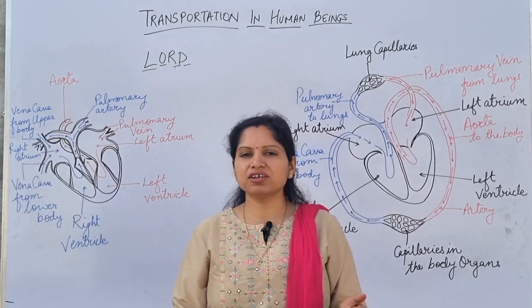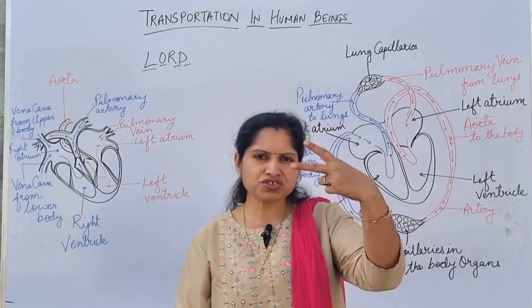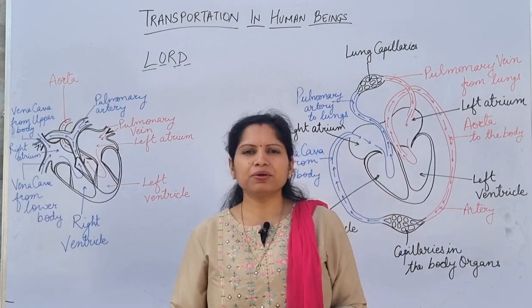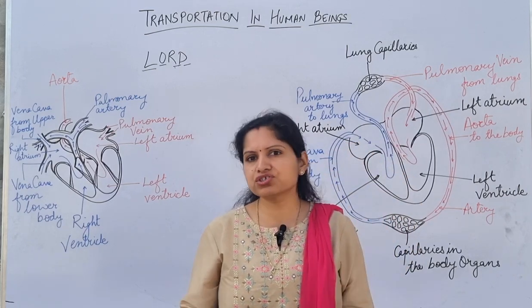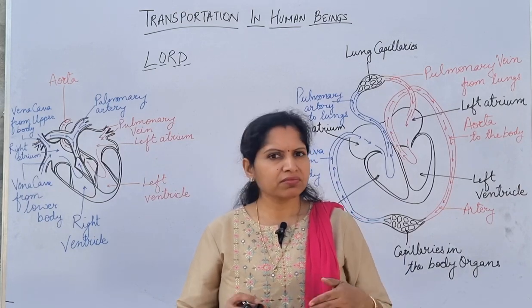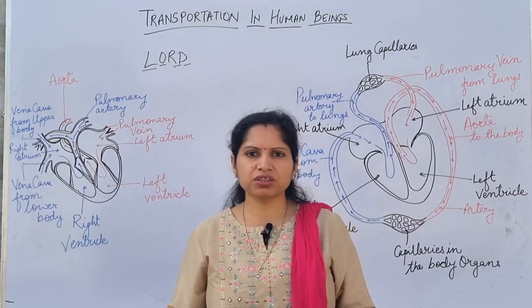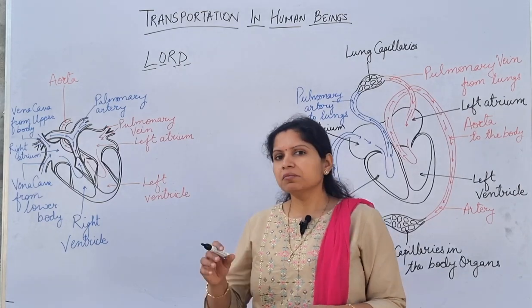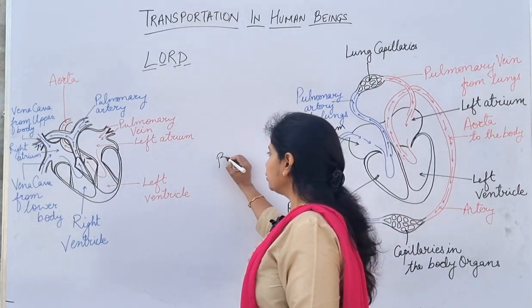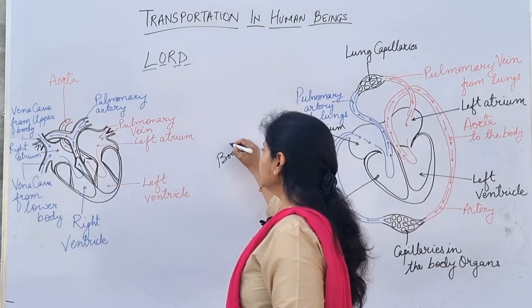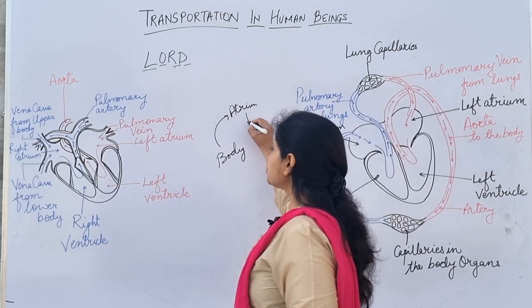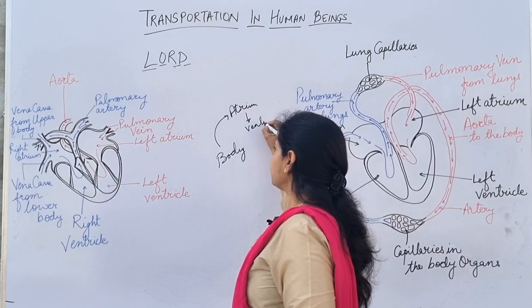Fishes are really very interesting in this regard. Fishes just have a two-chambered heart, but still their body is supplied with completely oxygenated blood only. How come the body is managing with this completely oxygenated blood only? The blood passes from the body to the atrium, then to the ventricle.